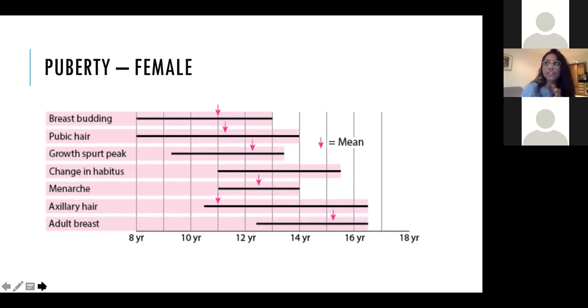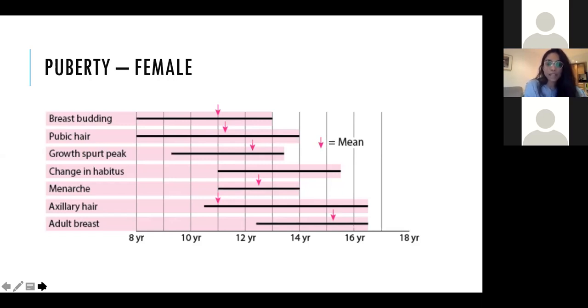The first sign is often breast development. Usually at the same time, you also have the stimulation of the ovaries, and in terms of growth, they usually grow more around that time as well. Interestingly, about 15% of girls have pubic hair as the first onset of puberty. So not everyone will have breast development as a first sign.